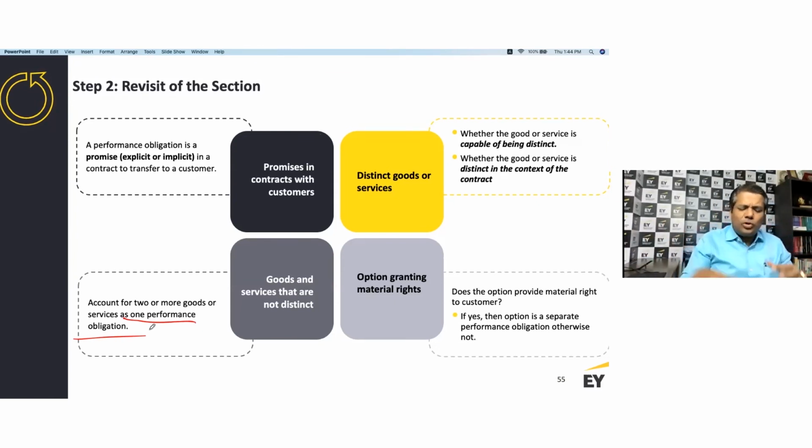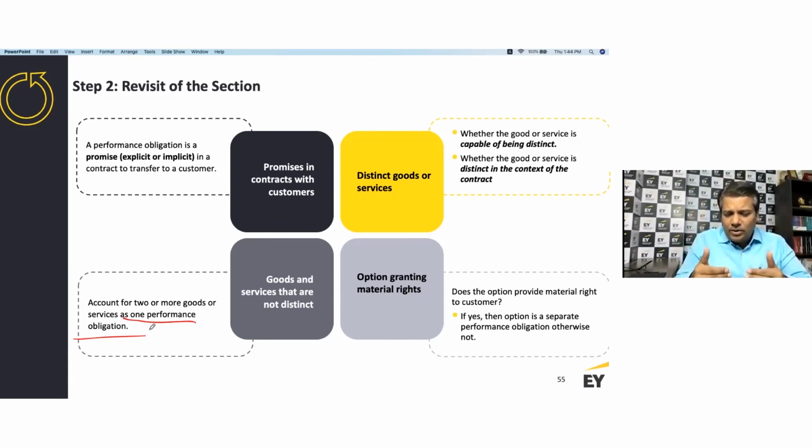So now we have talked about the two steps in revenue recognition. The first is to identify the contract with the customer. Then I need to understand whether this customer contract is enforceable under a court of law. If yes, it can be oral, it can be in writing, it can be in any form, provided it's enforceable.